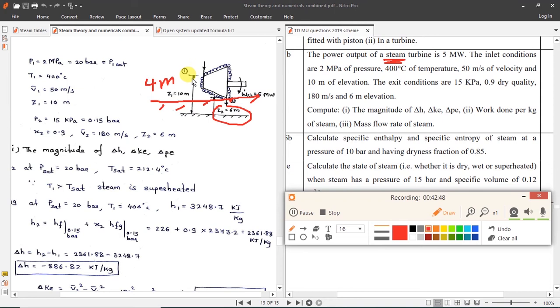But remember that many times in the question they simply say point number 1 is 4 meter above point number 2, the exit. Then you should remember that Z2 minus Z1 value is negative. If they say that point number 2 is above point number 1, in that case Z2 minus Z1 will be positive. I hope this is clear.